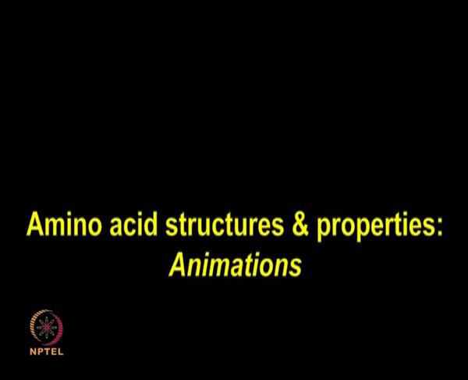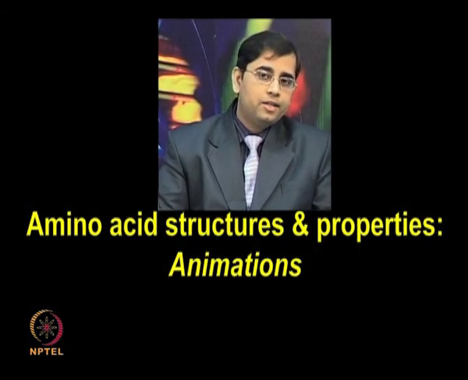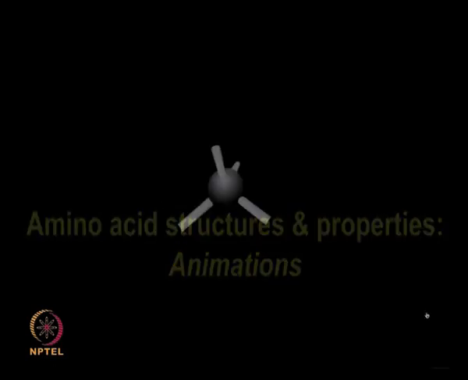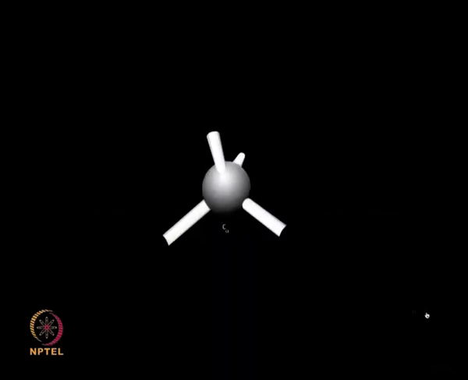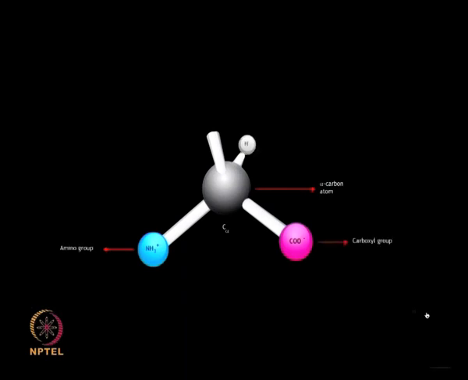I will refresh some of the concepts discussed in the amino acid structures and properties in the following animation. Amino acids are the building blocks or monomers that make up proteins. They consist of a central alpha carbon atom bonded covalently to an amino group, a carboxyl group, a hydrogen atom and a variable side chain called the R group.